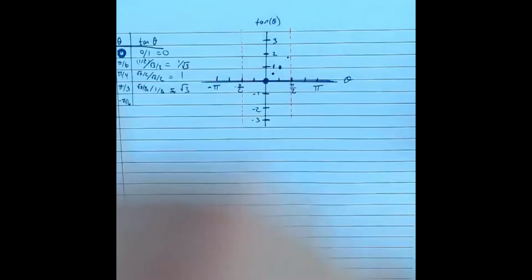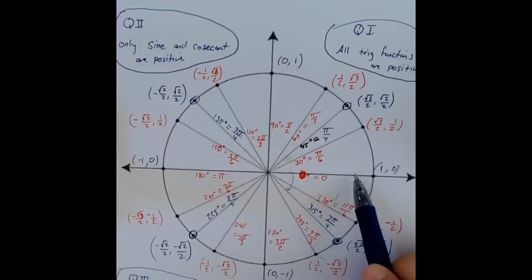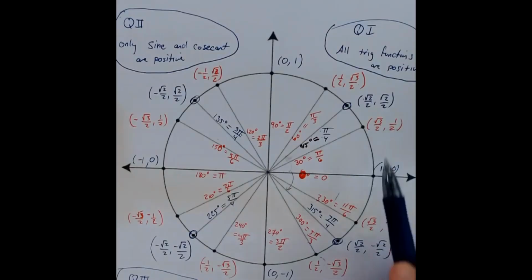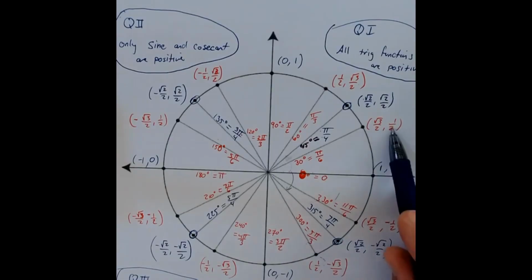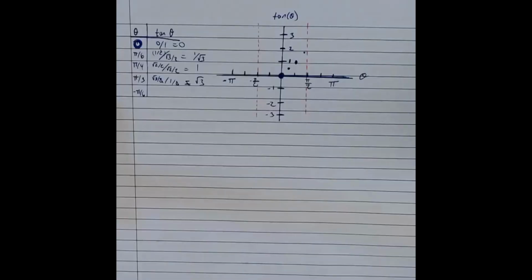Negative pi over 6. All right, well, negative pi over 6, that would be going, okay, that's pi over 6, but negative would be in the opposite direction. So that's this point over here. All right, so the cosine of negative pi over 6, that's the sine of negative pi over 6. Notice those are the same numbers, except that here, the sine of negative pi over 6 is negative 1/2 as opposed to positive 1/2.